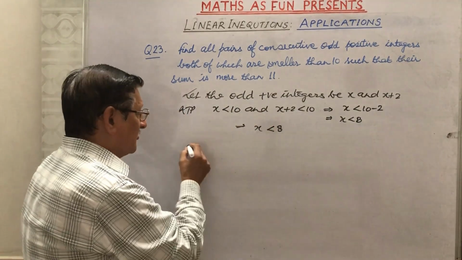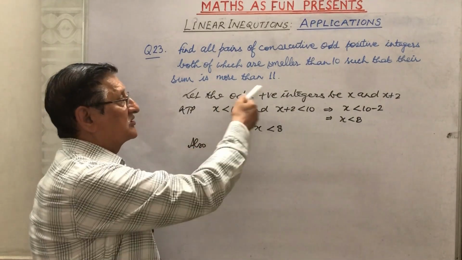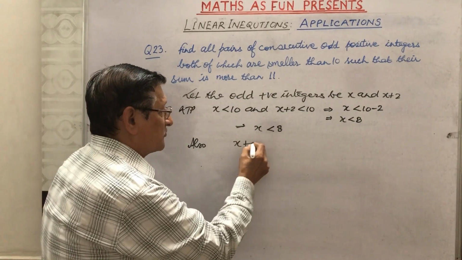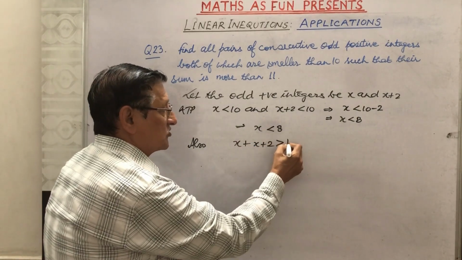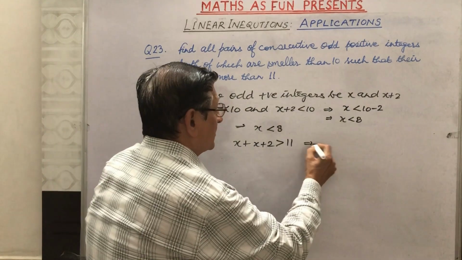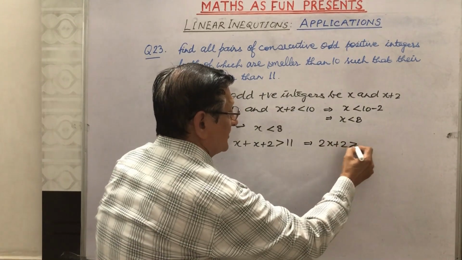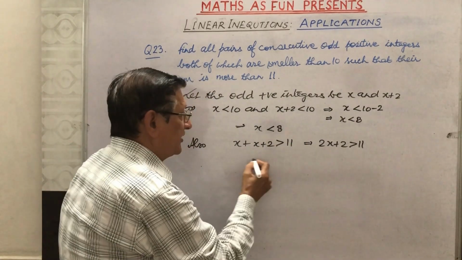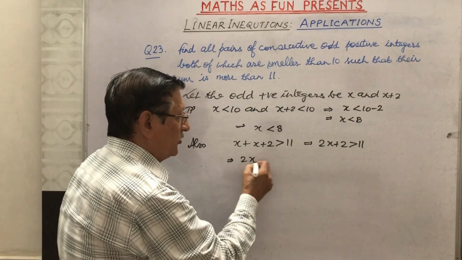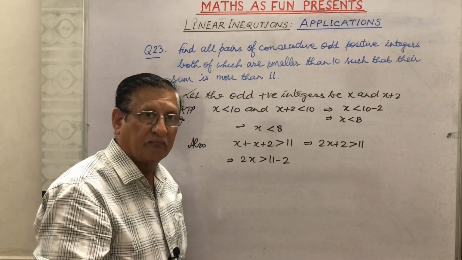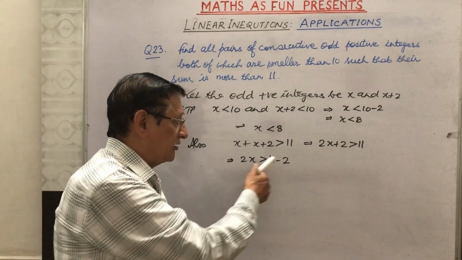And also we have been given that the sum of the numbers is to be more than 11. It means x + (x + 2) is greater than 11. Simplifying this, we get 2x + 2 > 11. Subtracting 2 from both sides, we get 2x > 11 − 2, that is 9.